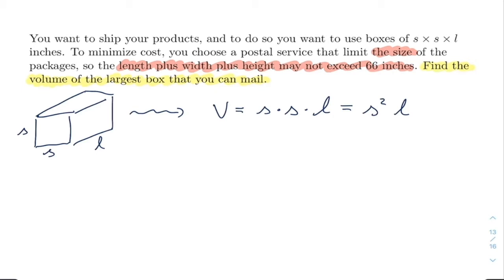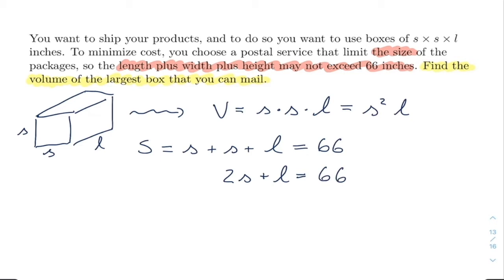So the size, which is equal to S plus S plus L, has to be equal to 66, which is the same as saying that 2S plus L is equal to 66. From here, we can obtain that L is equal to 66 minus 2S.